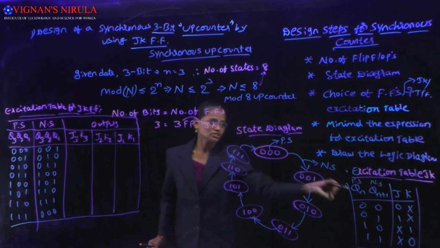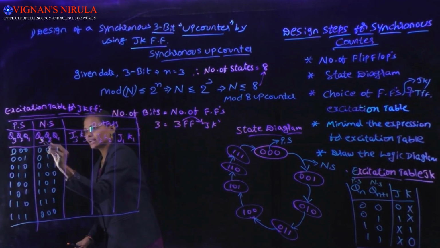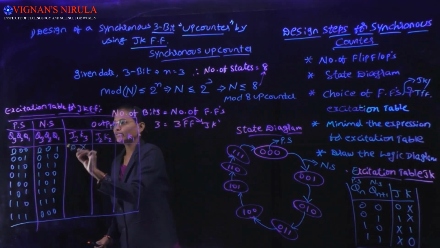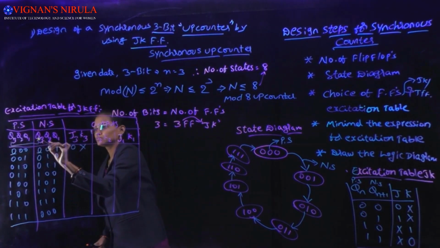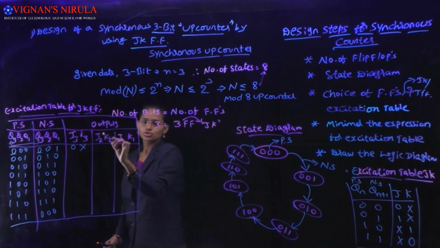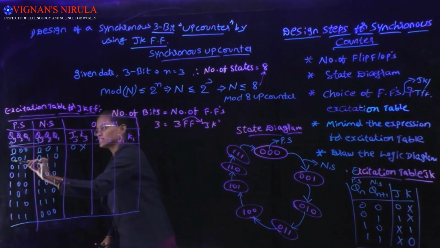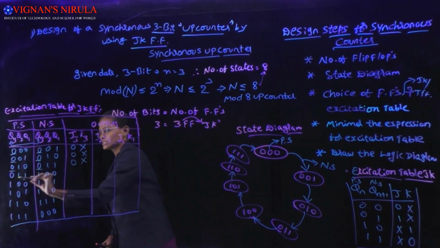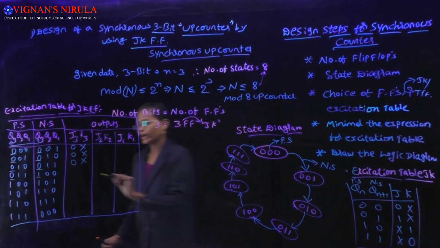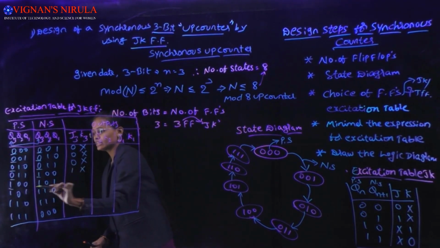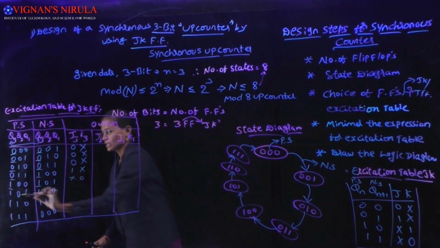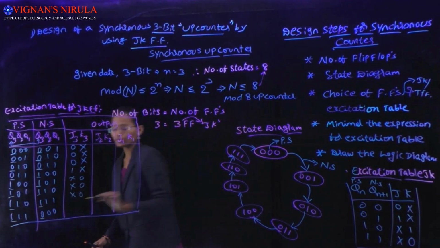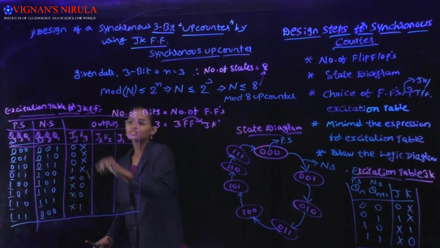Here both are 0, so the outputs are 0 x. Considering Q3, present state Q3 and next state Q3, note down the J3, K3 outputs: 0 x, 0 x, 0 x, 1 x, then x 0, x 0, x 0, and x 1. Okay, these are the J3, K3 outputs.